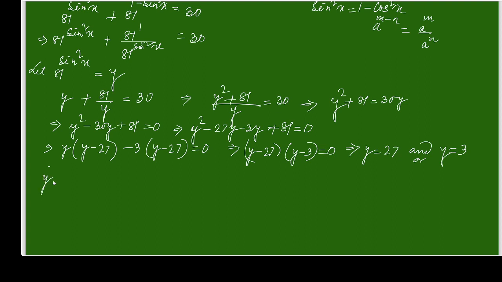So when y is equal to 27, this means that I have taken y as 81 raised to the power sine square x, which is equal to 27. Then again I'll come to exponents. A raised to the power m raised to the power n can be written as a raised to the power m into n. So 81 I'll convert as 3 raised to the power 4. 81 can be written as 3 raised to the power 4.